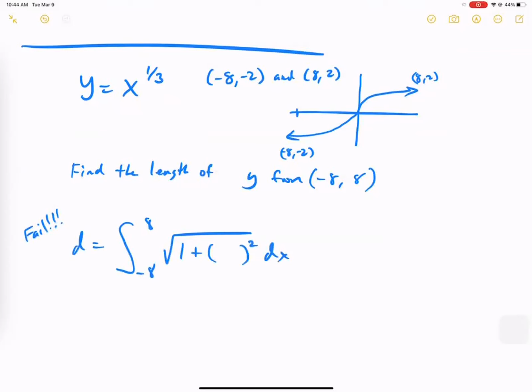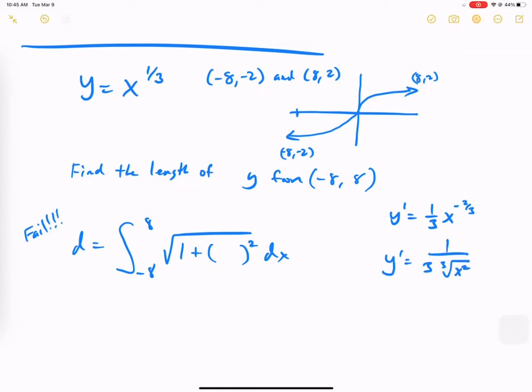Let's take the derivative. Y prime is equal to 1 over 3 x to the negative 2/3. Rewriting this, y prime is 1 over 3 times the cube root of x squared.